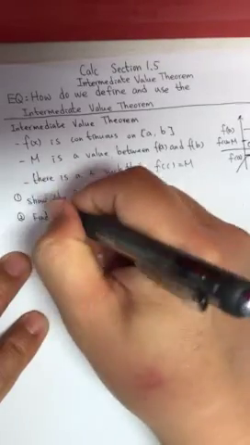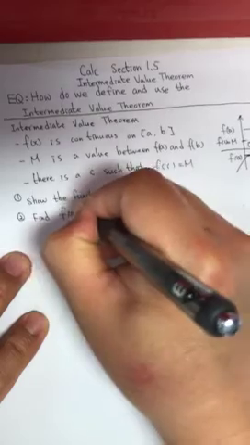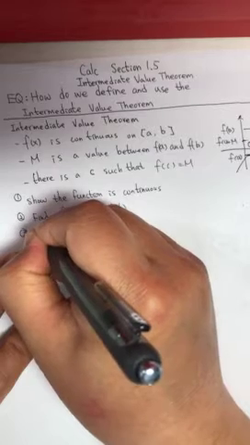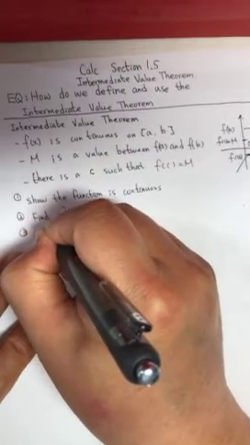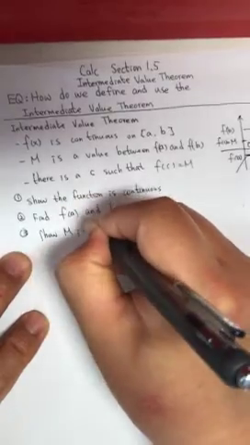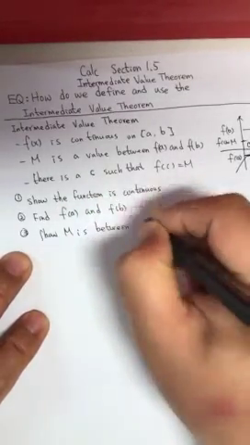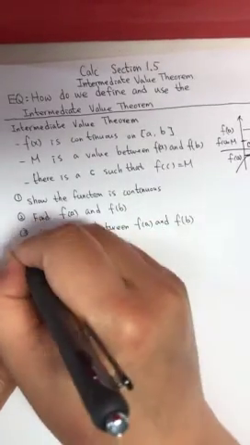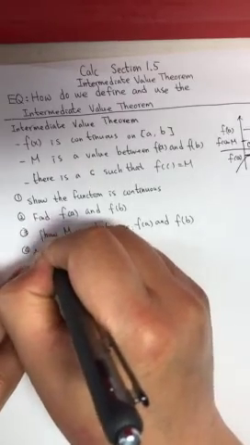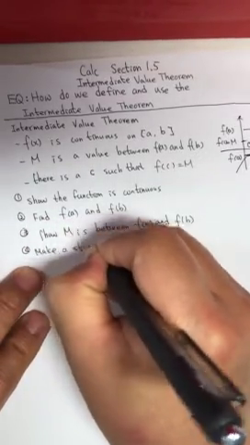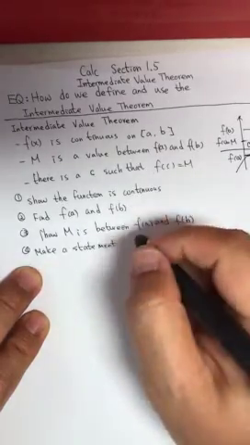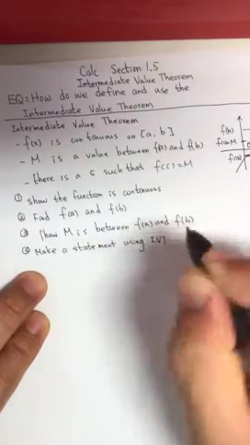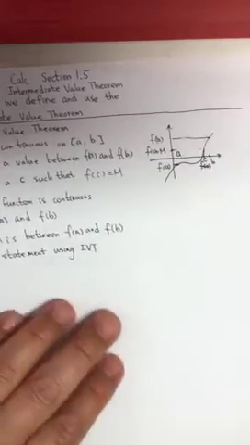The second step, you're going to find f of a and f of b. The third step, show m is between f of a and f of b. And the last step, you're going to make the statement, basically quoting the intermediate value theorem. I'm going to use the shorthand IVT for intermediate value theorem.